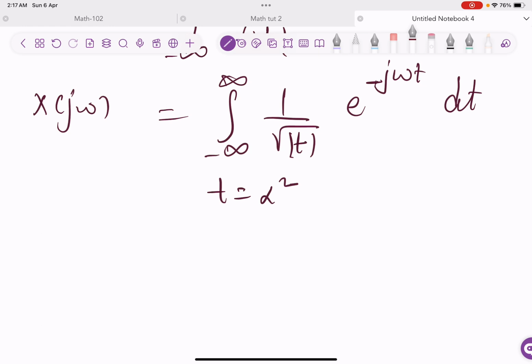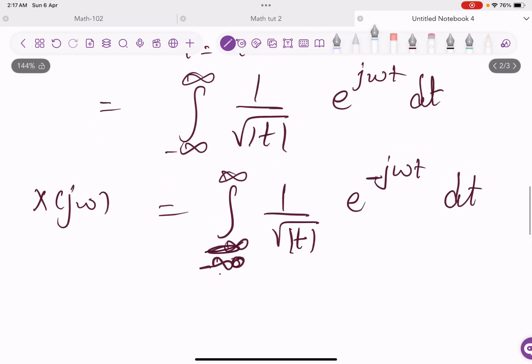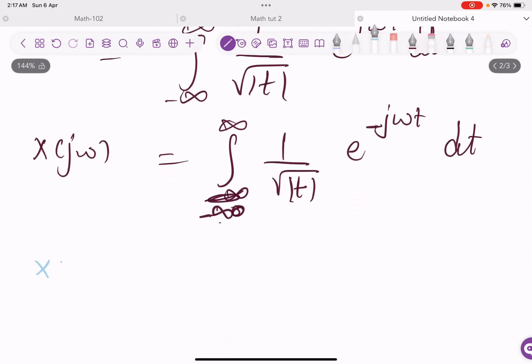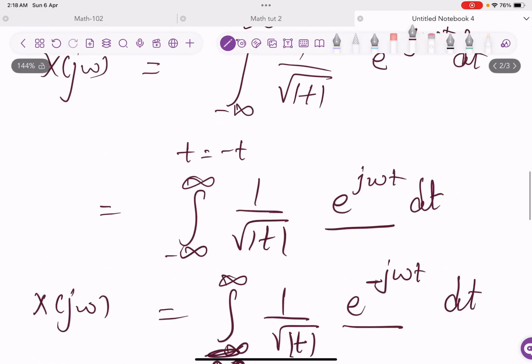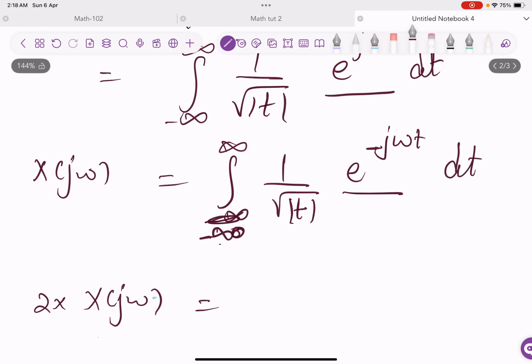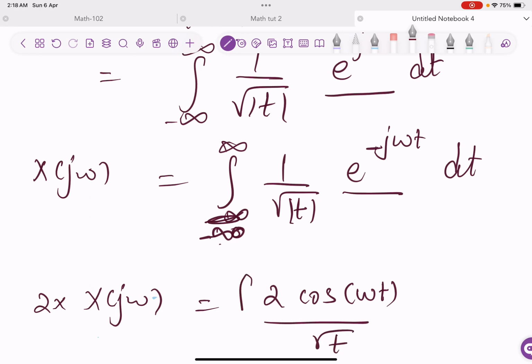Before that, we'll write 2 into X of j omega as the sum of e power j omega t and e power minus j omega t, which is basically 2 cos omega t by root mod t, integrated from minus infinity to infinity dt.